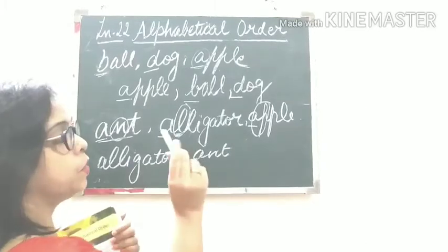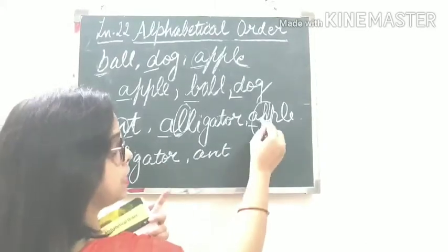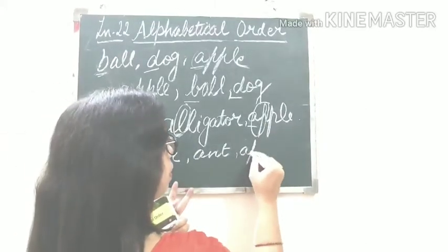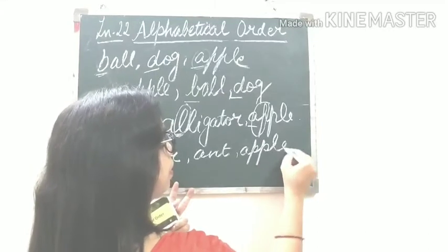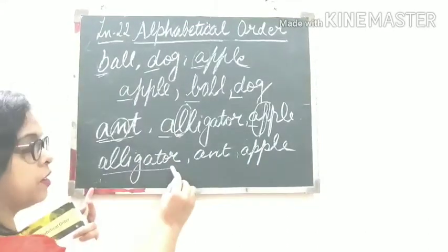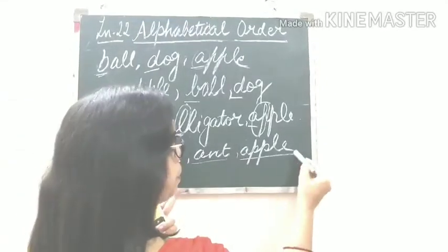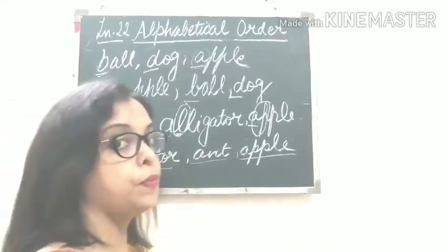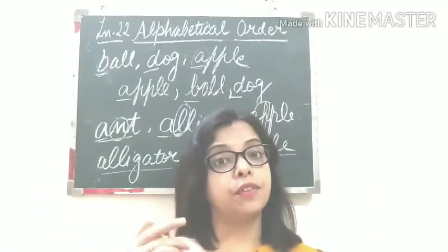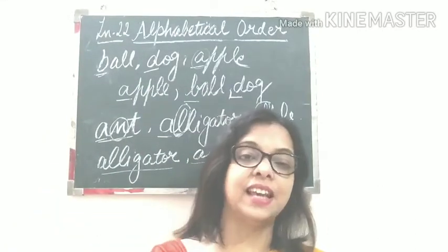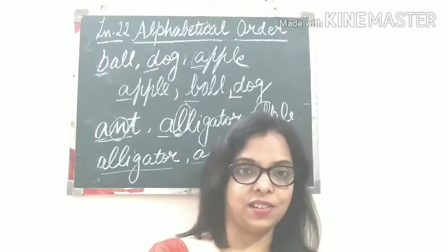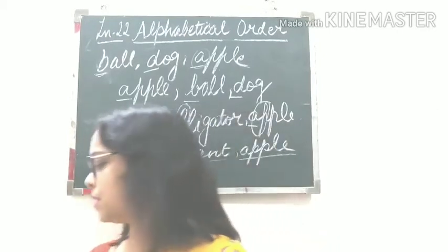L, M, N, O, P. Third one is coming P. So now you see alligator will be the first word, ant will be the second word, and apple will be the third word. Now what if the first two letters are the same? Then we will see the third letter. Okay, let's see some examples.